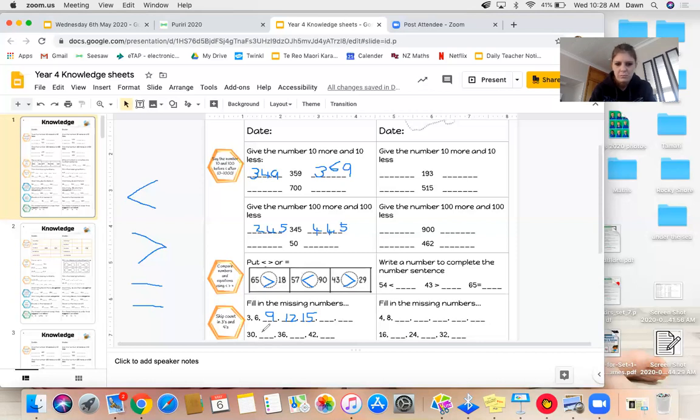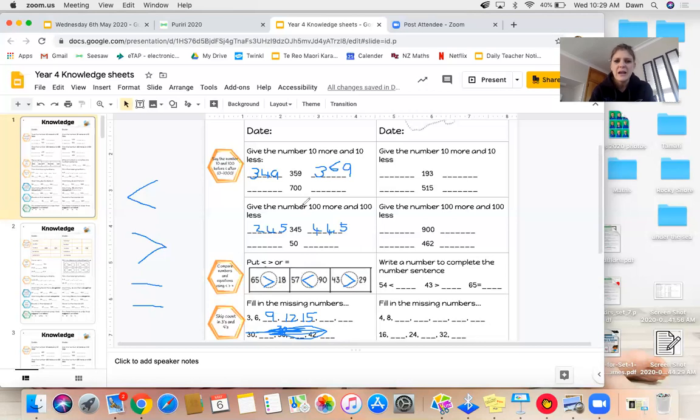Oh, there's a mistake over here. This should have been 38. No, this is a mistake, guys. Sorry about this one. If you get this page, just scratch it out. Don't worry about doing it because that is a mistake.